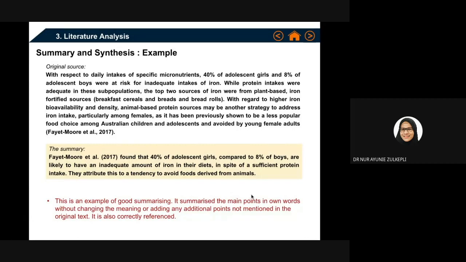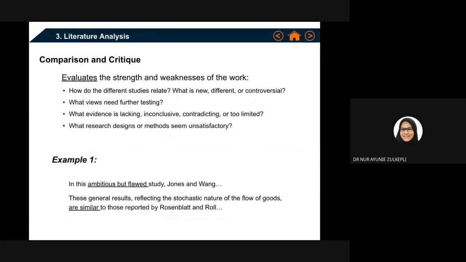It summarizes the main point in own words without changing the meaning or adding additional points not mentioned in the original text. It is also correctly referenced. Okay, so you better go back and read through the original source that I put here and try to practice this kind of summary in your writing.